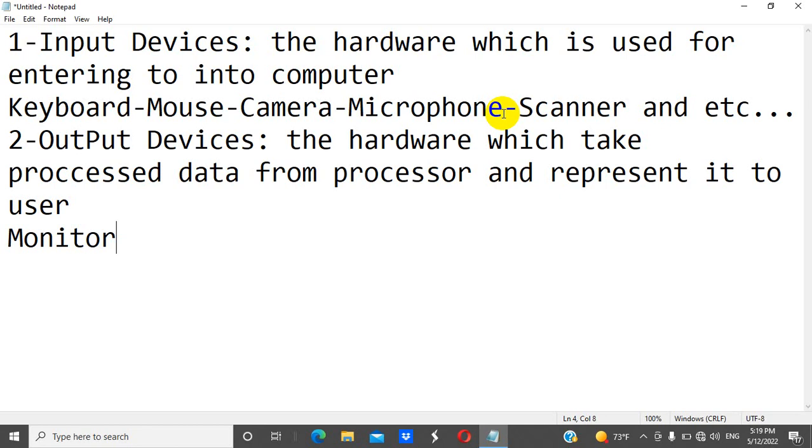So monitor is an output device. The other one is the speaker, the loudspeaker. Loudspeaker is a device which gets the sound from the computer system and we can hear it through the speaker. So loudspeaker is one of the output devices.